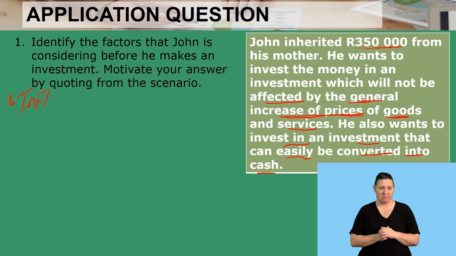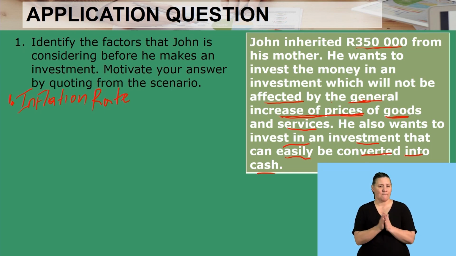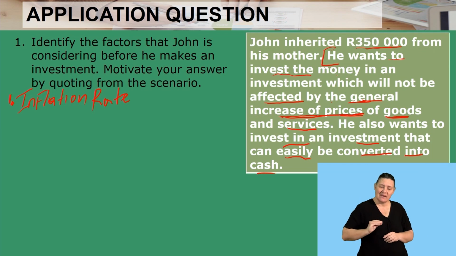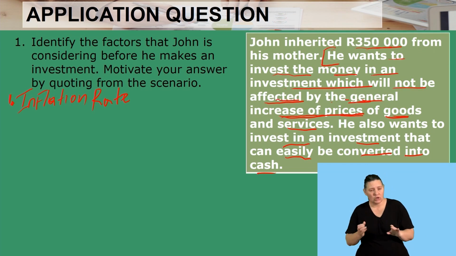So, inflation rate, how do we motivate that? We quote as it is. He wants to invest the money in an investment opportunity which will not be affected by the general increase of prices of goods and services. So, you quote it as it is.